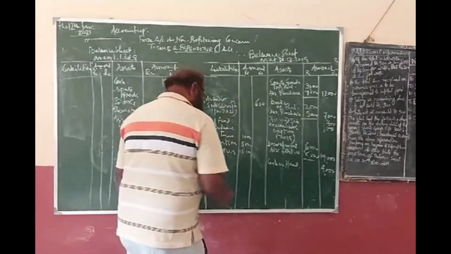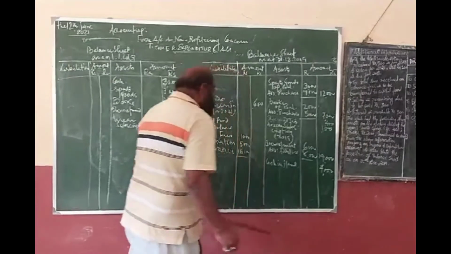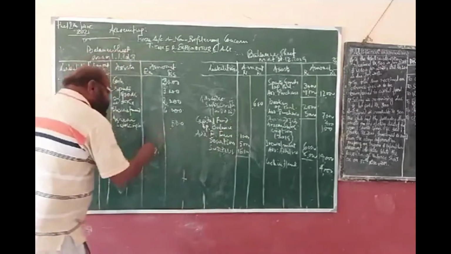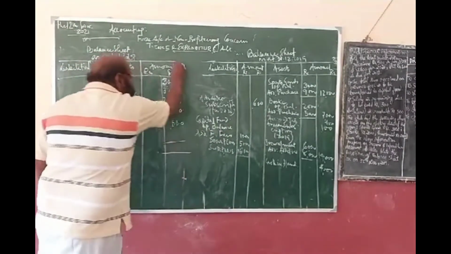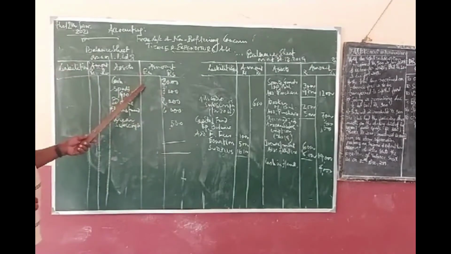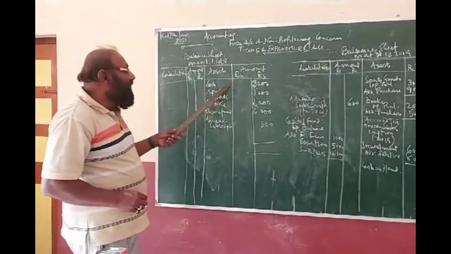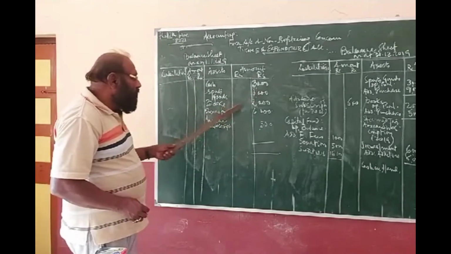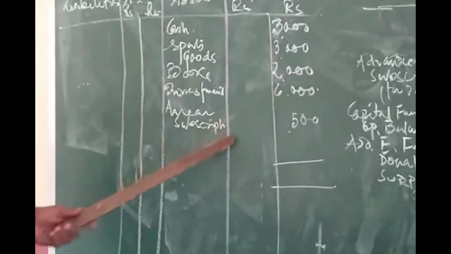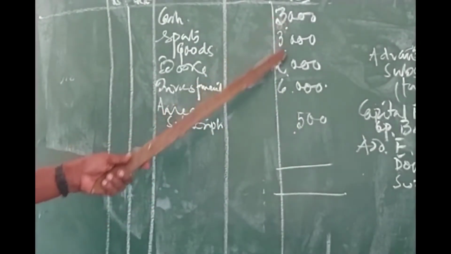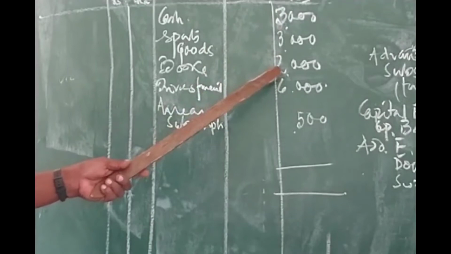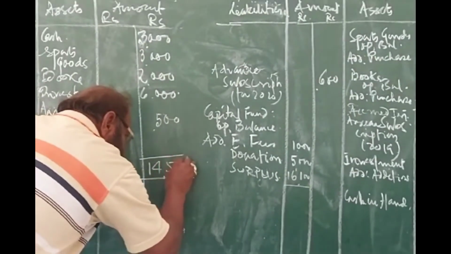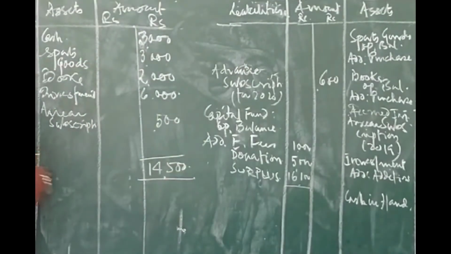Clear? But you do not have the opening capital fund. How do you get the capital fund? The capital fund is represented by assets. So you have the opening assets of cash 3,000, sports goods 3,000, books 2,000, investment 6,000, and arrear subscription 500. So 14,500 was your total asset, and that is the opening capital fund.